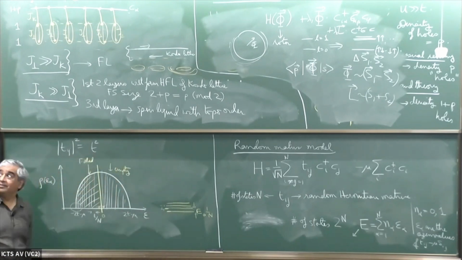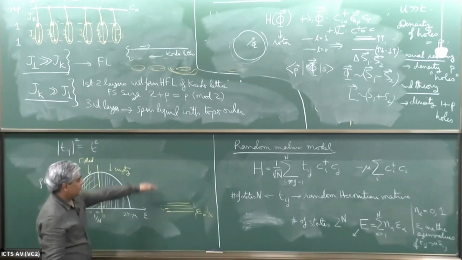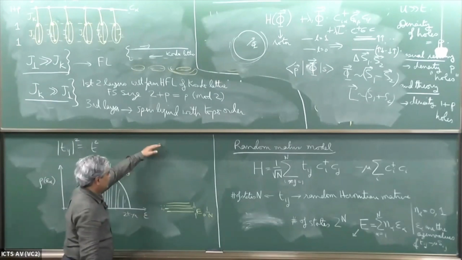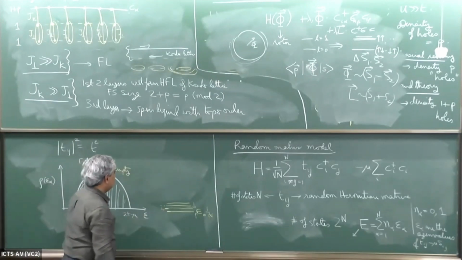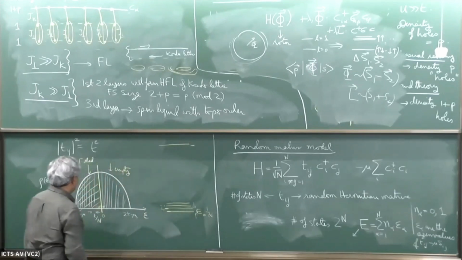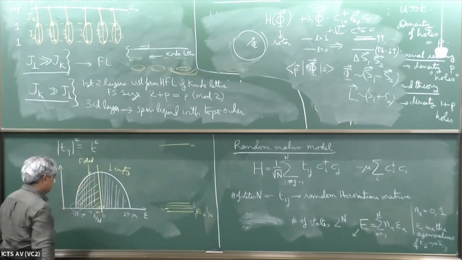However, what happens at higher energies? First of all, you can ask how large the bandwidth is. What's the maximum possible energy? Well, the maximum possible energy is the highest possible state where you occupy these and not occupy those.